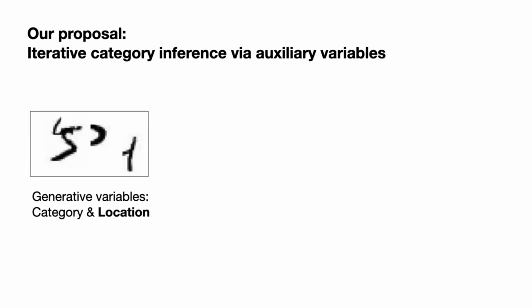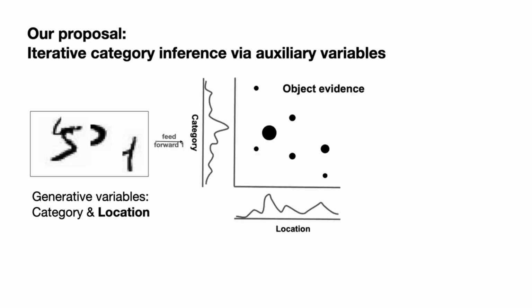So what we proposed was that category inference, which is done iteratively in a recurrent neural network, could use information which was category orthogonal. For example, let's say you have an image where the network has to say the target is 5. There are two generative variables for the object: the category and the location. What we thought could happen is the feed-forward sweep could extract information about the category and the location of the intact object.